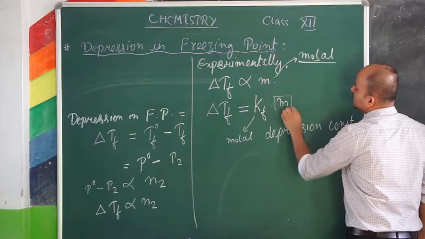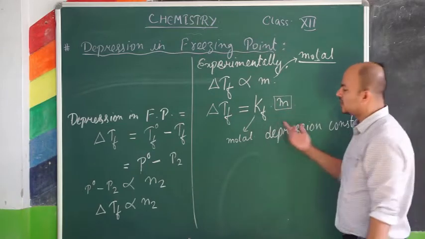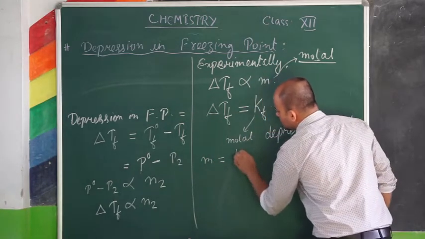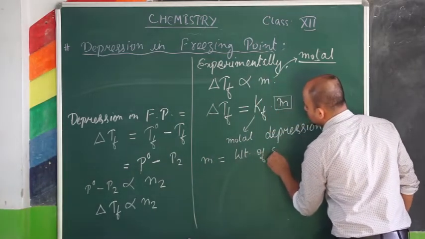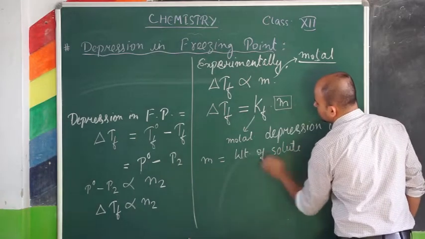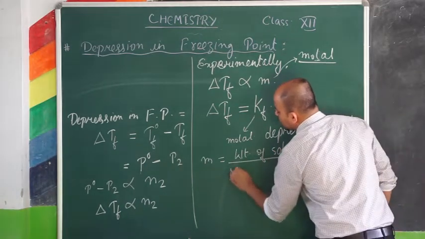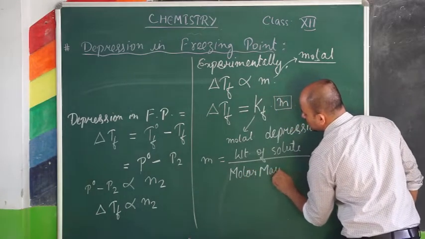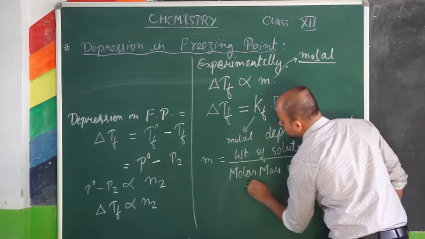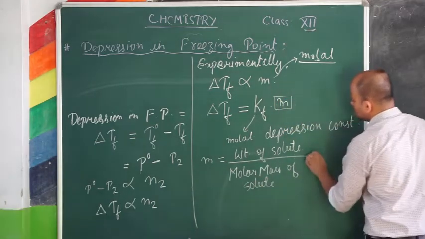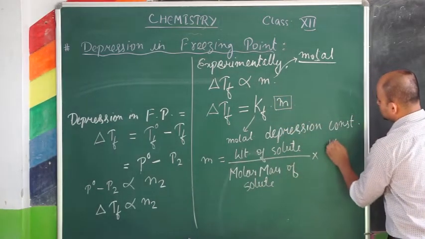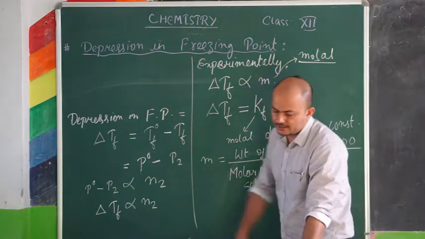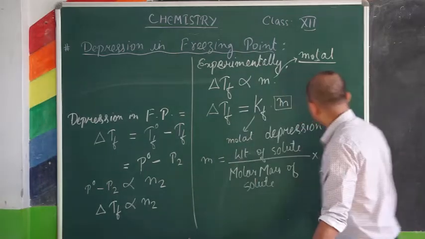Now we have discussed the expression for molality. Molality of a solution will be equal to weight of solid divided by molecular mass or molar mass of solid, into 1000, divided by weight of solvent.